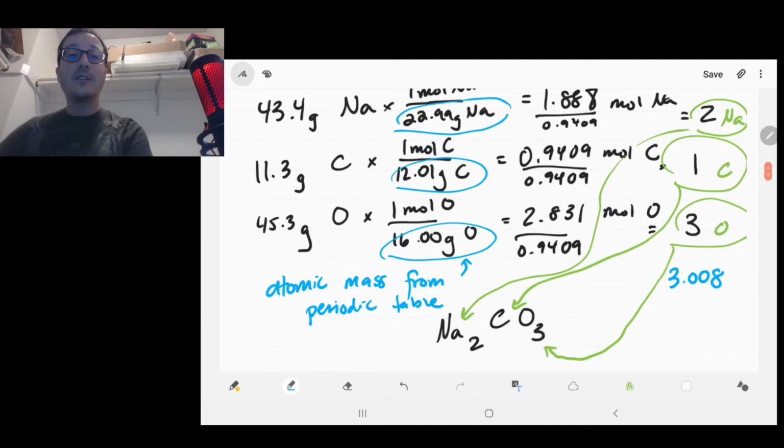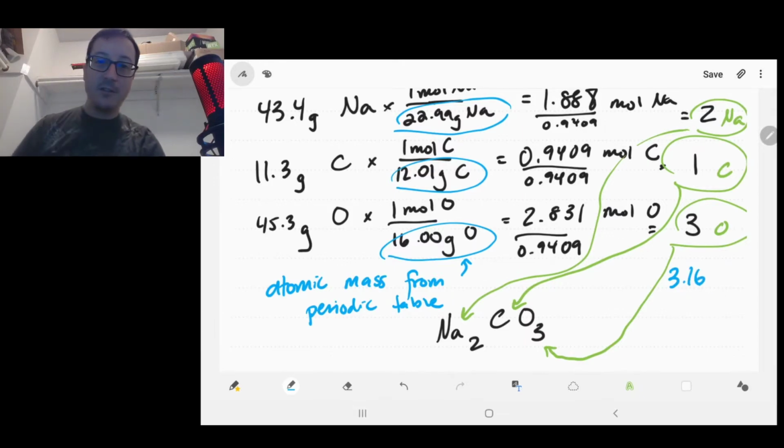It is fine to round that to 3. That is within 0.05 of 3. So we can round it. That's okay. If we ended up with 3.16 or something, that we cannot round to 3. We would need to multiply everything by 6 in this case, had that been what we had gotten there.